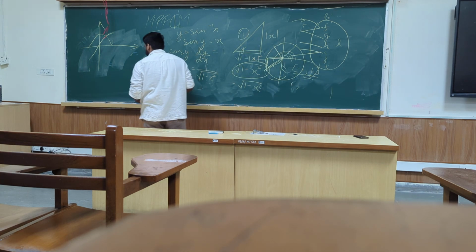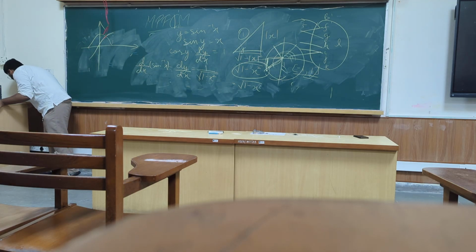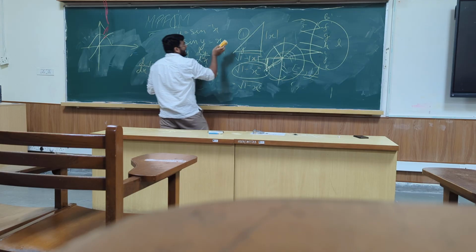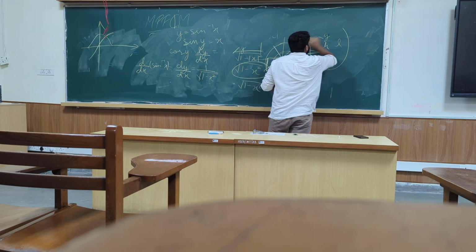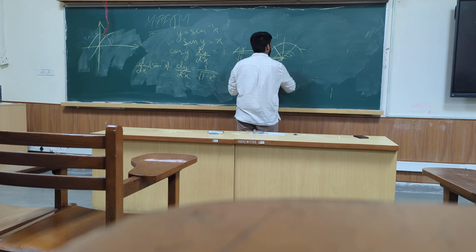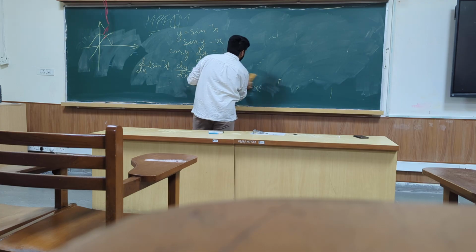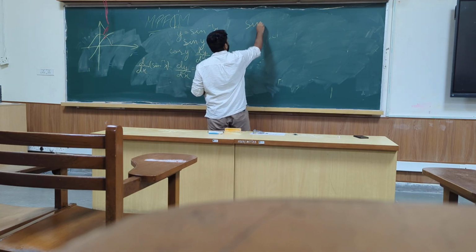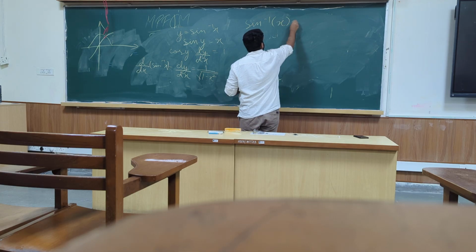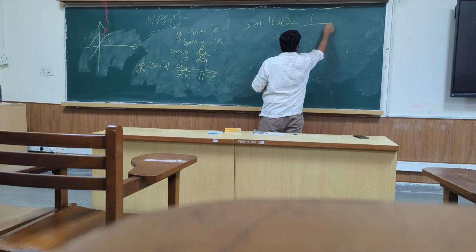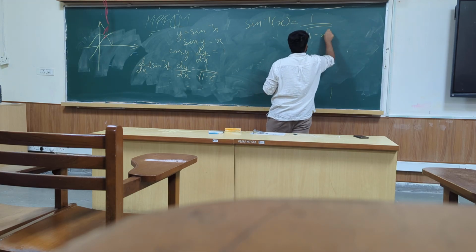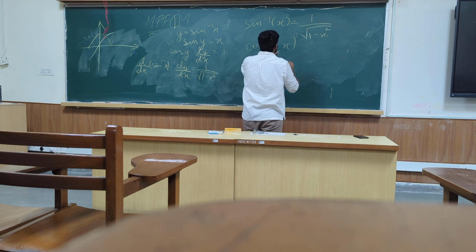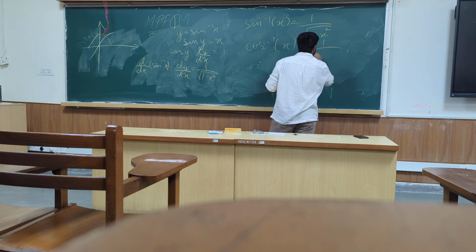So if my memory serves me right, and I can get back my duster, I'll try to correctly write the formula, but I would like your help to ensure that I have written down the correct formulas. Sine inverse of x happens to be, like we saw right now, 1 over under root 1 minus x squared. Cosine inverse of x happens to be the negative of this.